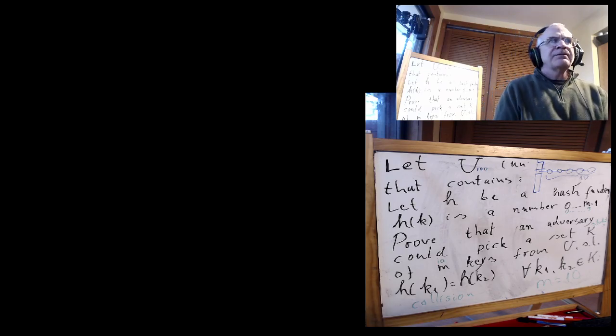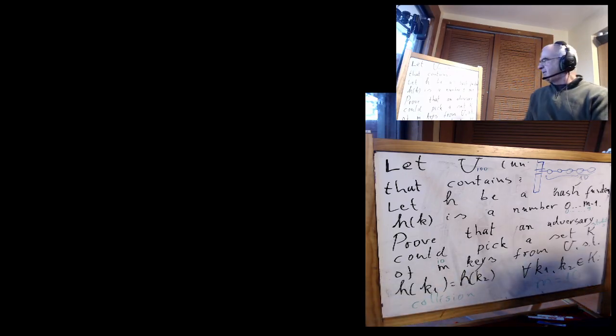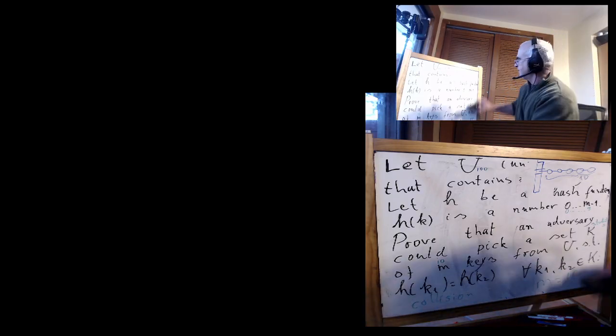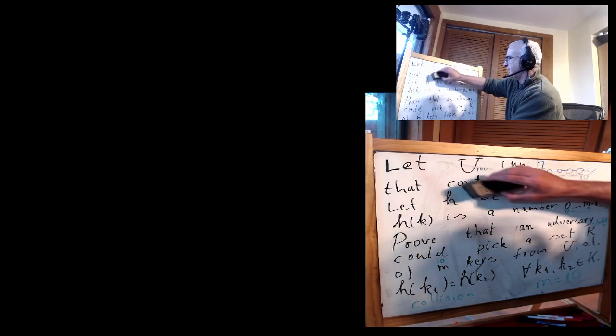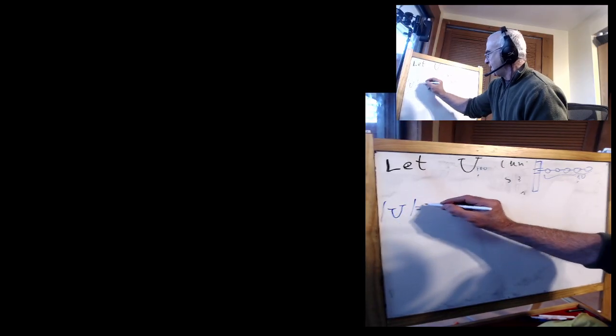So the two rooms that I visited got it right, that it's just a simple implementation of the pigeonhole principle. Because what the adversary is planning to do is to say, I'm going to take a set U whose cardinality is m squared.